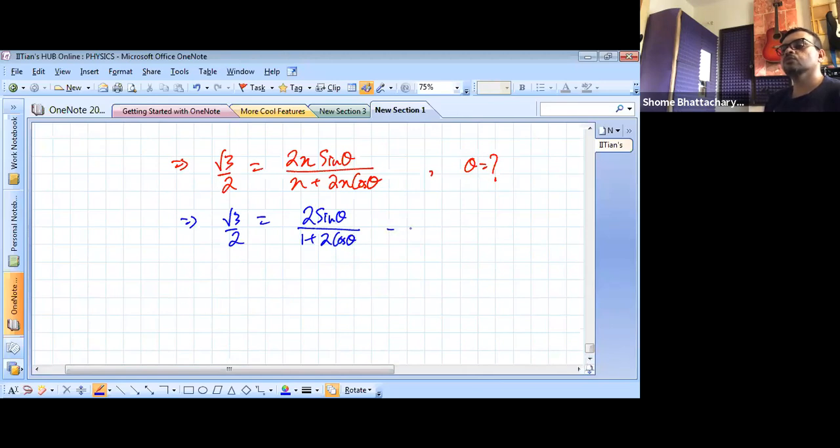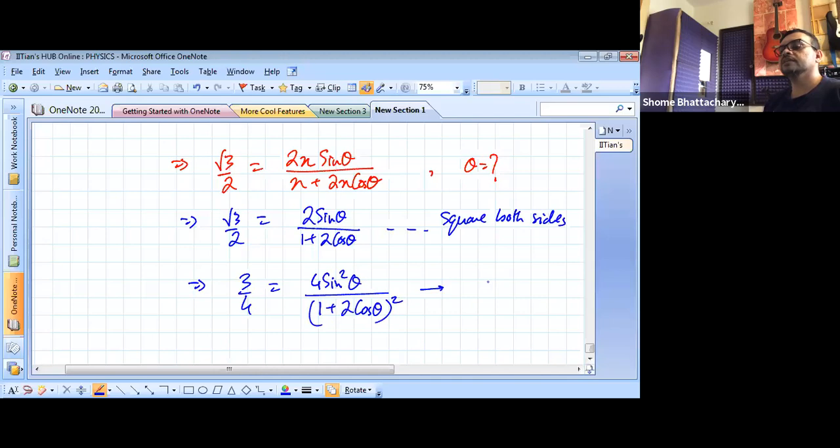Next, we square both sides. So we get 3 by 4 on this side, and 4 sine square theta upon 1 plus 2 cos theta the whole square. Now in this we will use the identity that sine square theta is equal to 1 minus cos square theta.